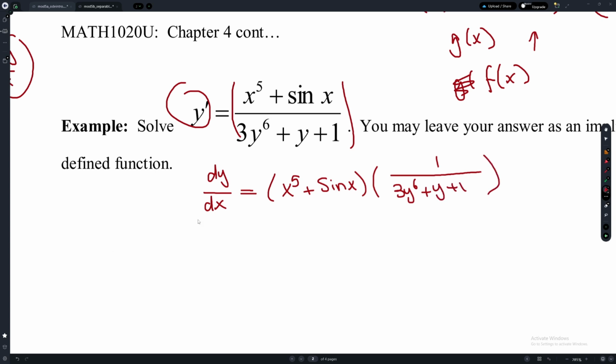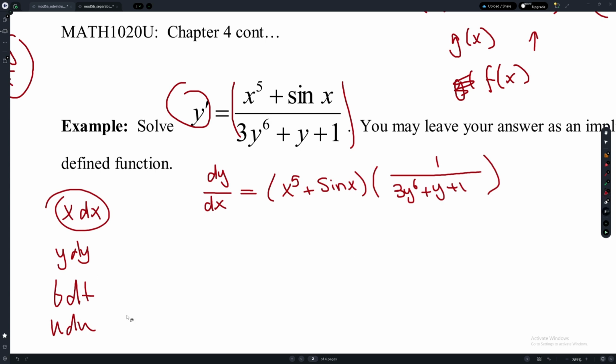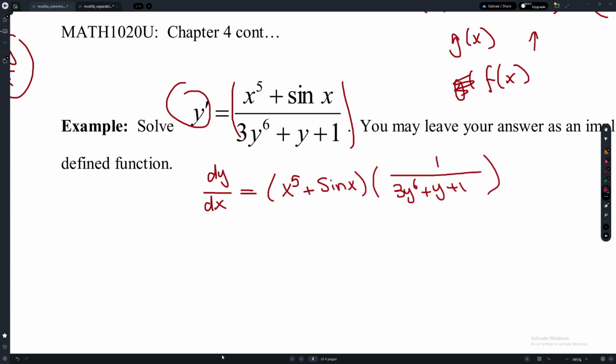Now what I want to do, if you want to integrate this, whenever you wanted to integrate something, if you remember, it was always x dx or y dy, t dt, and when you did u sub, it was u du. You want to turn this into these terms, where it's dx with x, dy with y, dt with t, and so on. And so that you saw this and understood it, I'm going to delete it. And how would I do that here? Since this is multiply, you see, if this was divide and I took it to the other side, what I'll get is u minus du, let's say, or x minus dx.